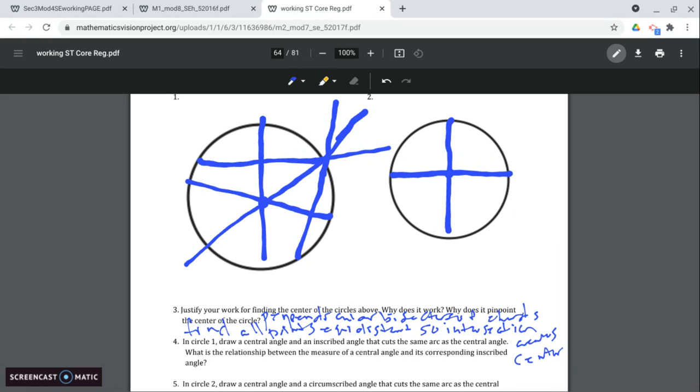So let's say this is A, this is B, and then that's supposed to intersect back there. Let's say that's C. So they would intersect the same arc. This is 90 degrees, so the arc would be 90 degrees. This would be 45 degrees.